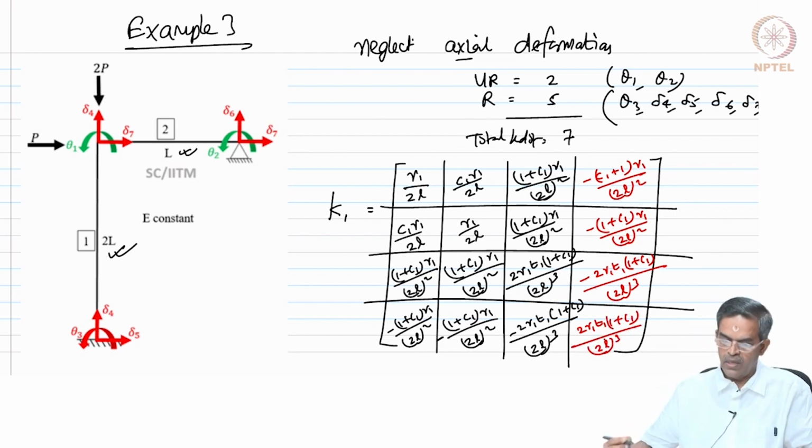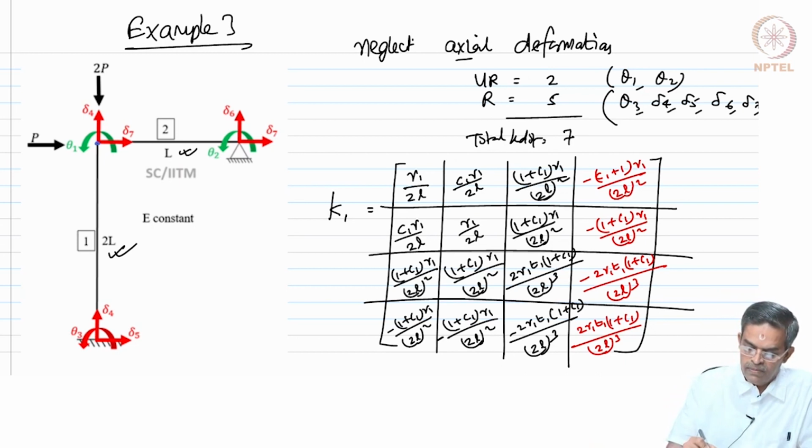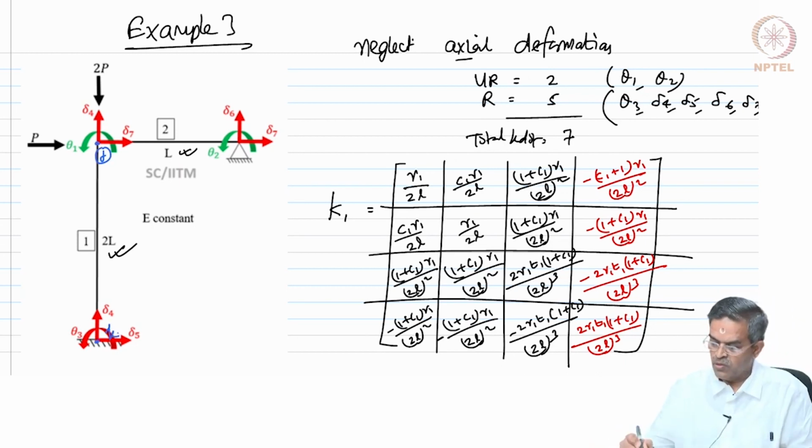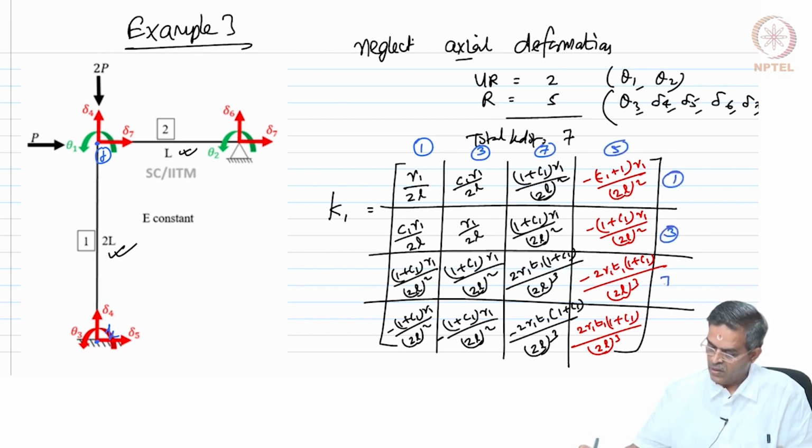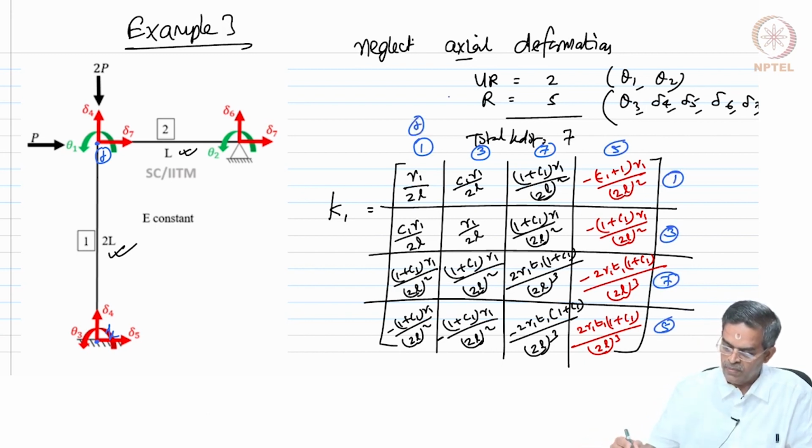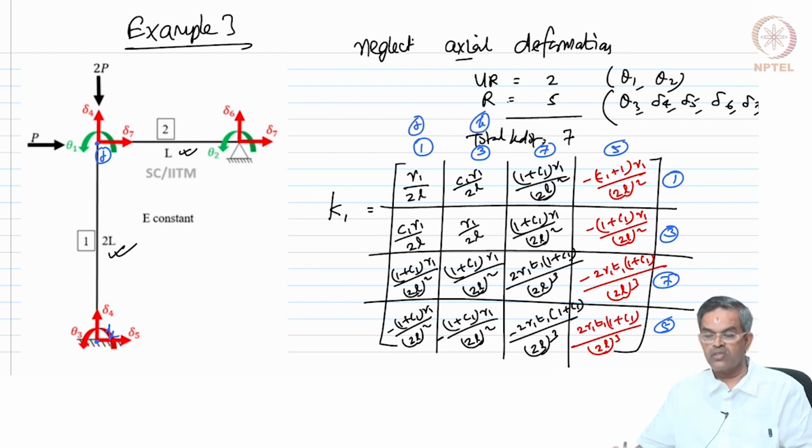So we have this. Let us mark the labels. We will take the jth end here and kth end here for this member. So we should say this is 1, 3, 7 and 5. So rotation at jth end, rotation at kth end, translation along positive y.